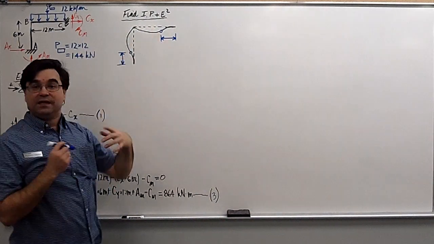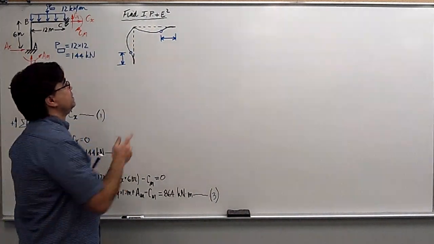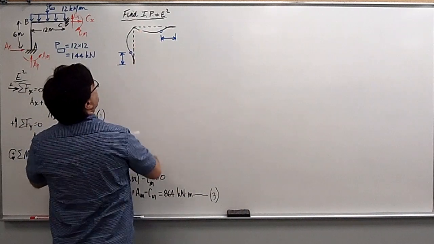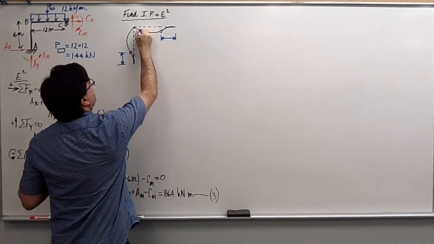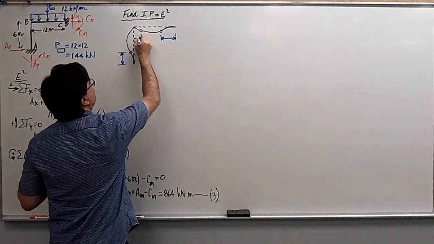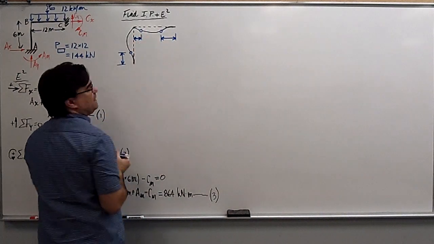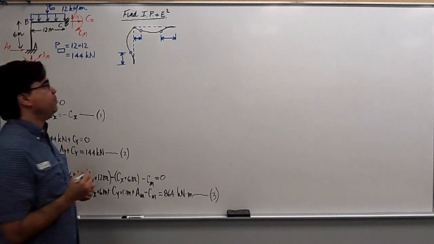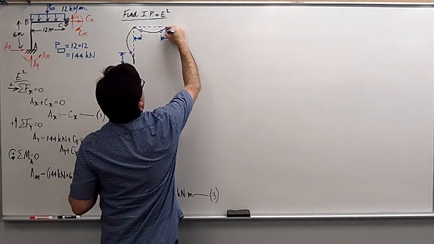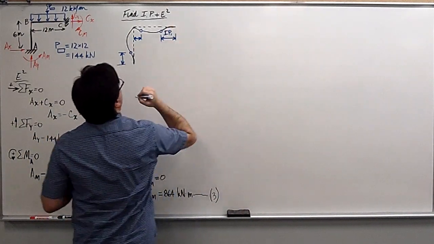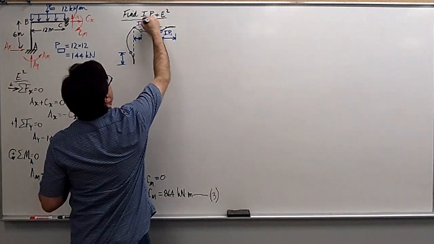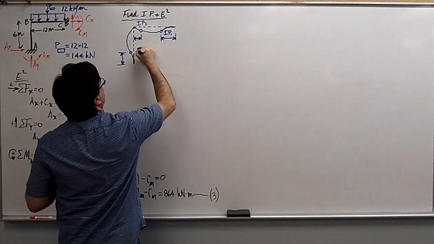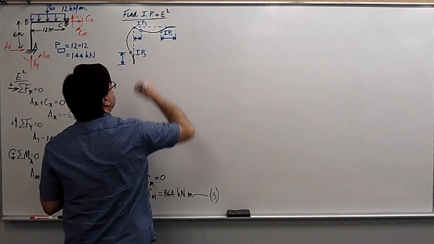That means that inflection point is somewhere here. And this too, for an intermediate support, had a value. So I'm going to identify these inflection points. I'm going to call this inflection point 1, this inflection point 2, and this inflection point 3.